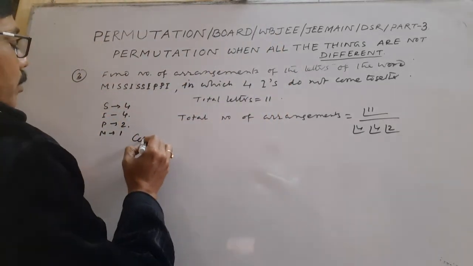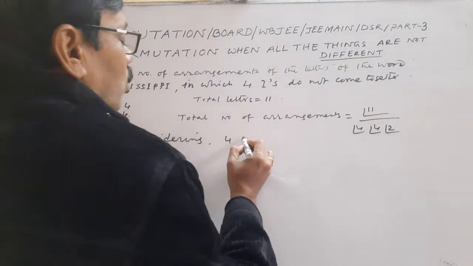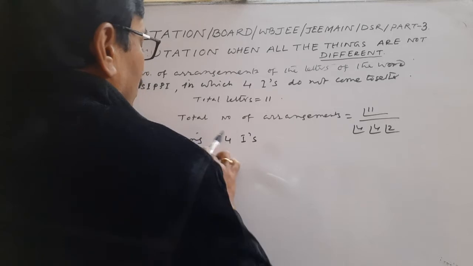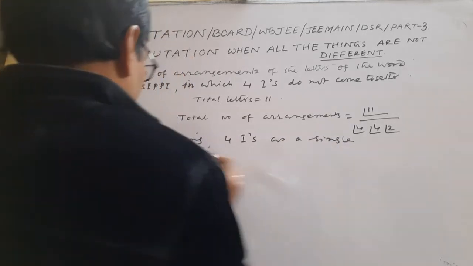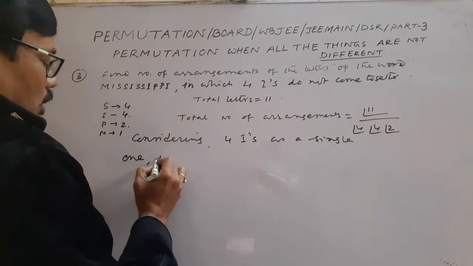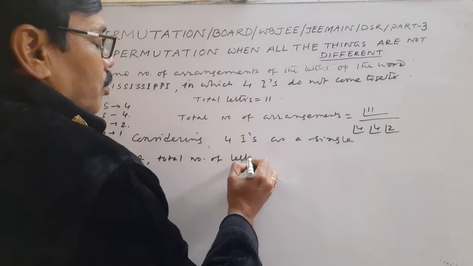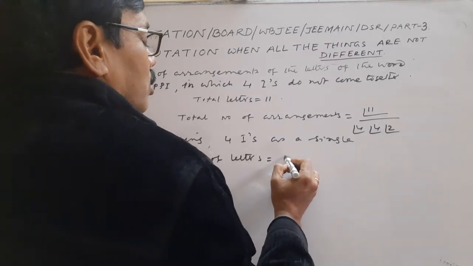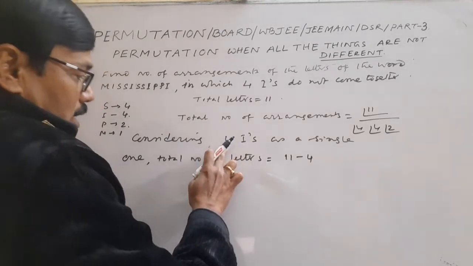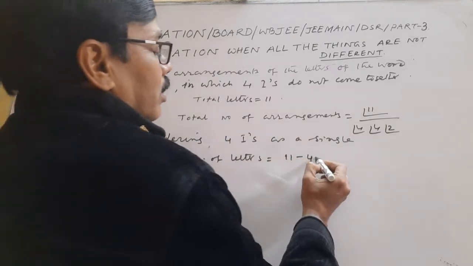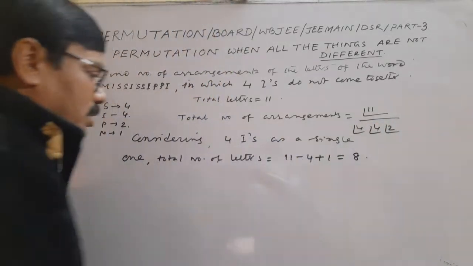So considering 4 I's as a single entity, the total number of letters equals 11 minus 4 plus 1, so 8 letters.